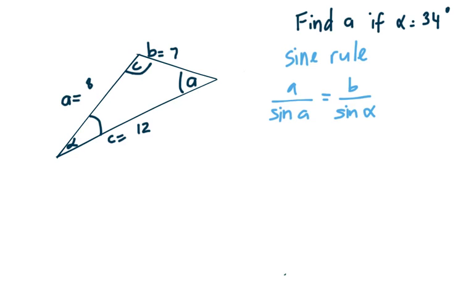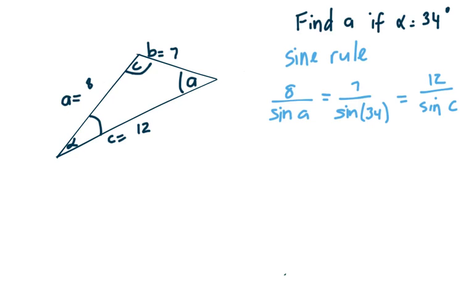However, we know that alpha is given as 34 degrees, so we can substitute alpha to be 34 degrees. And that's equal to side C over sine of angle C. Okay, we can replace A with 8, B with 7, and C with 12.